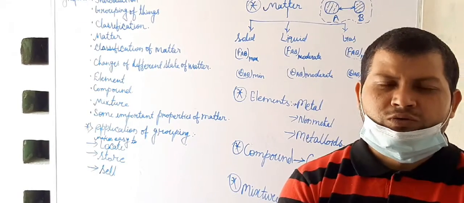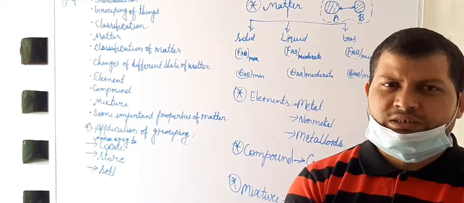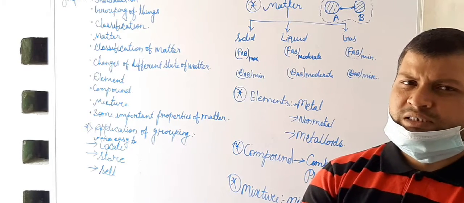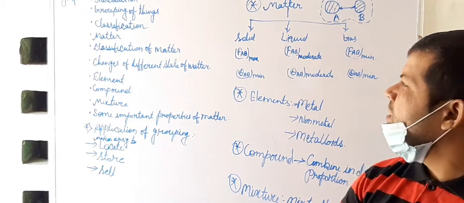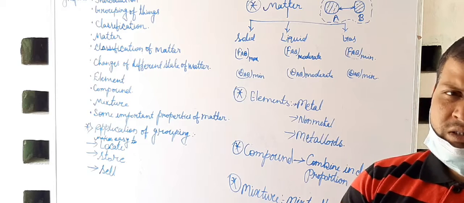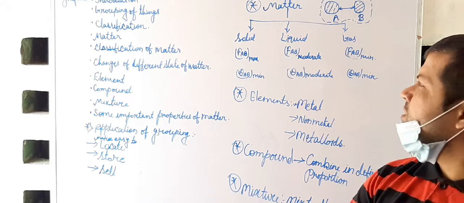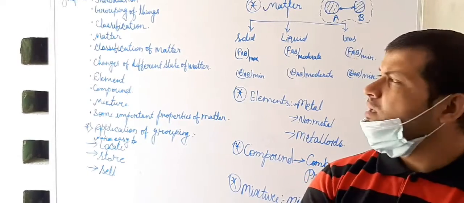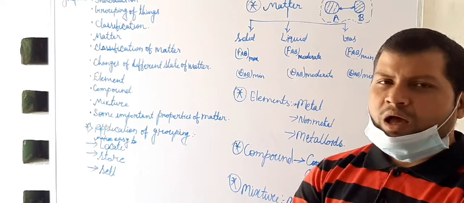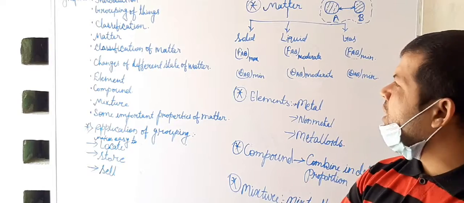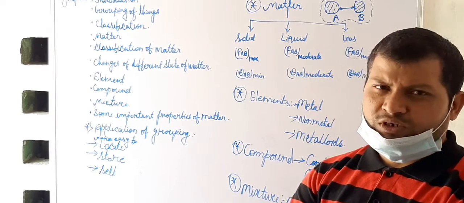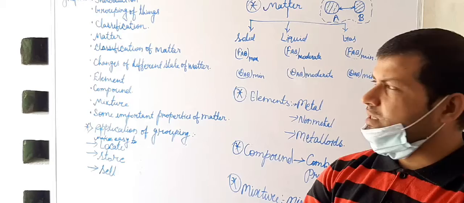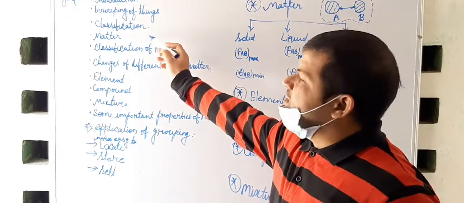What I am going to teach you in this video is given as your synopsis. At first I will introduce grouping and sorting. Then I will teach you how things are grouped. After that, classifications.